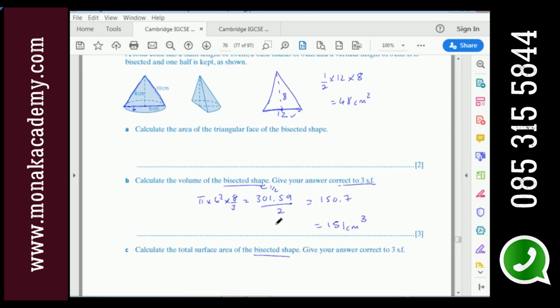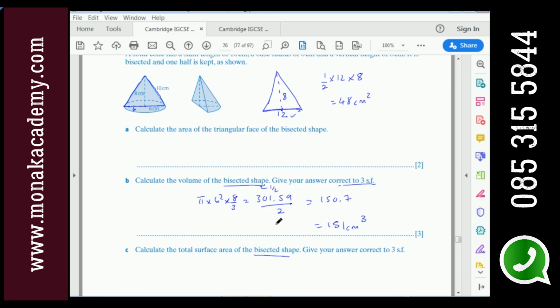What do they mean when they say total surface area? Show it to me on the screen. Not the bisected shape, show me this total surface area on this shape. What is this? The area.